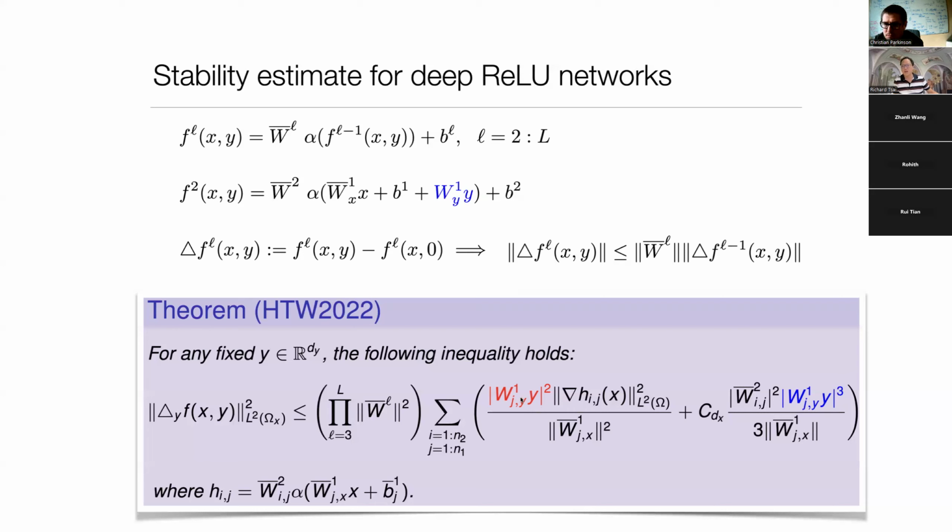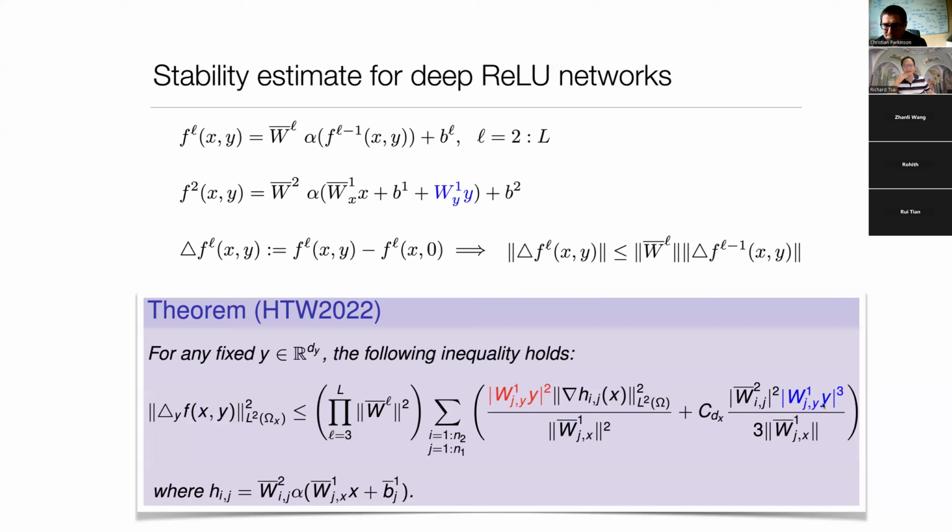Those show how the randomness in your initialized weights, and also the noise in the data manifold's normal direction, come into play and influence your network's output. There's a quadratic term, but that's not surprising, since we were squaring over here, and then this is a third order term.